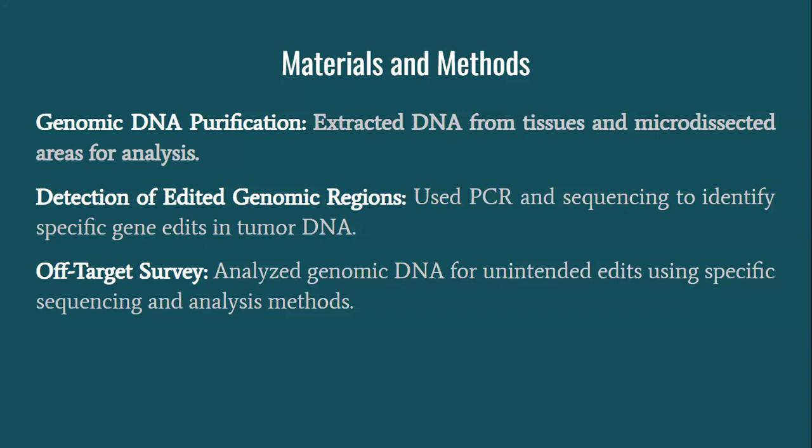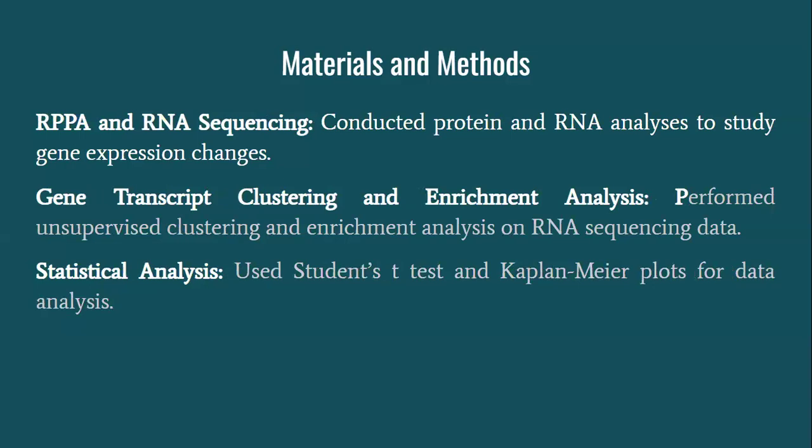So the deep sequencing was also used here to identify specific gene edits in the tumor DNA. Finally, off-target survey was done, where genomic DNA was analyzed for unintended edits using specific sequencing and analysis methods.